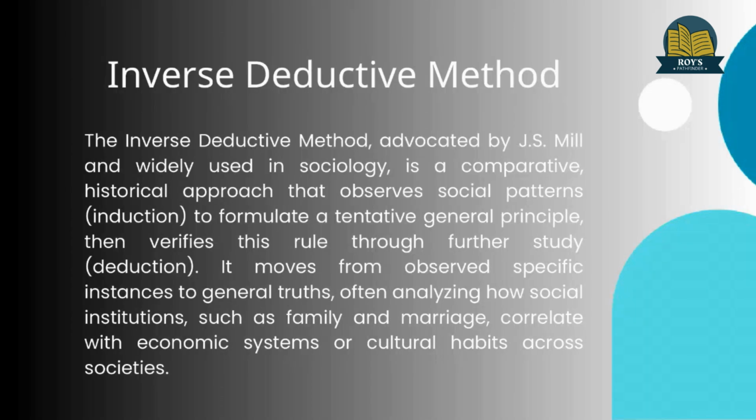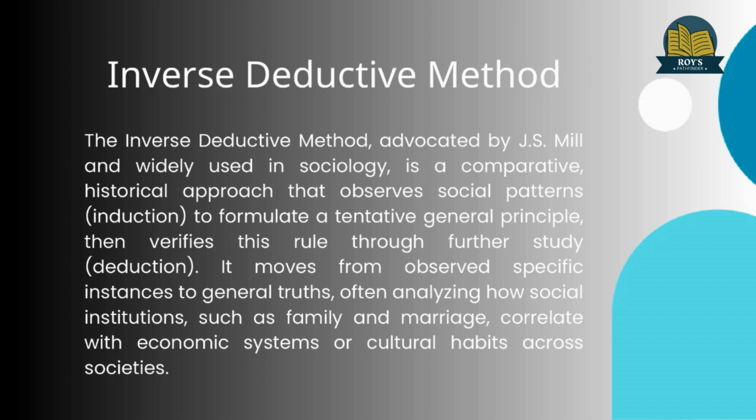The inverse deductive method, championed by J.S. Mill and commonly used in sociology, is a fascinating approach that starts by observing specific social patterns through induction. Essentially, we look at particular cases or instances in society to identify emerging trends or principles. Then, moving into deduction, we take these tentative general principles and test or verify them through further, deeper study.